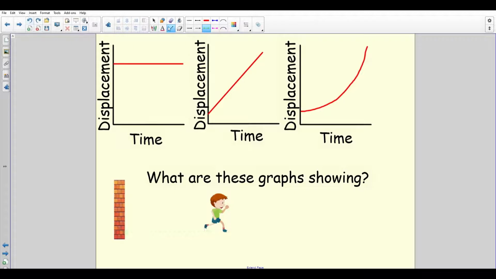With this one, we measure the distance at 1 second, and there he is. Second per second, it's that same distance away, and the third second and the fourth second and so on, because he's stationary. He's not moving.